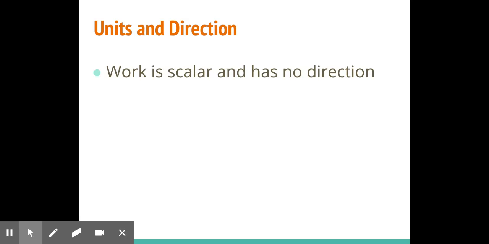Okay, but moving on. So units and directions. Remember, work is scalar. Work doesn't really care for the most part, well, at least when we write it down.